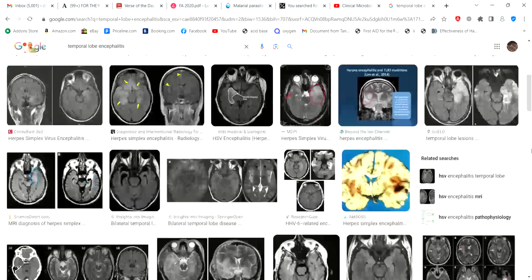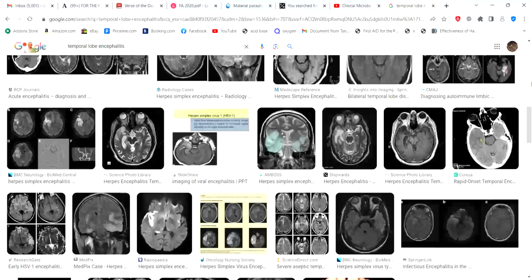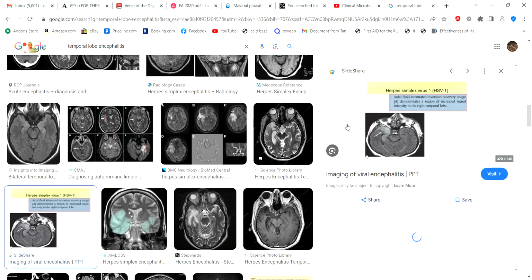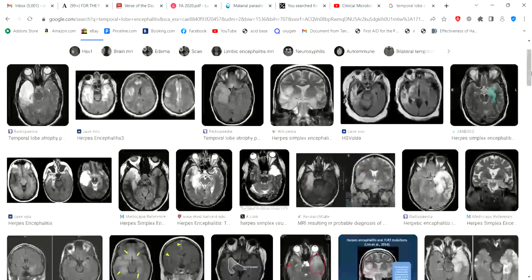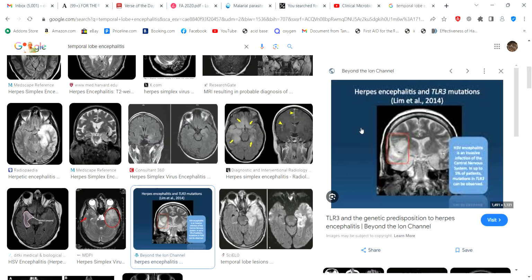HSV encephalitis is an invasive infection of the central nervous system, seen in up to 5% of patients.